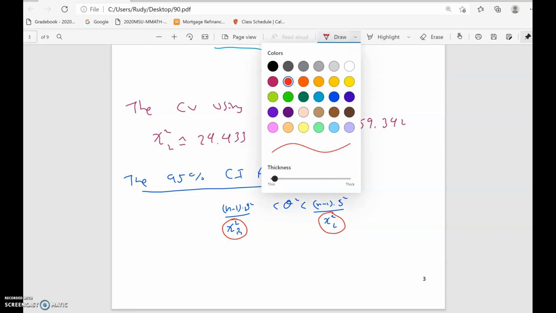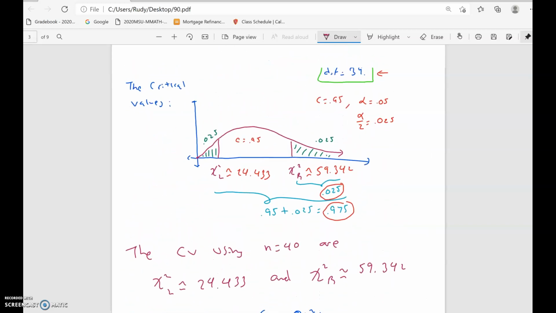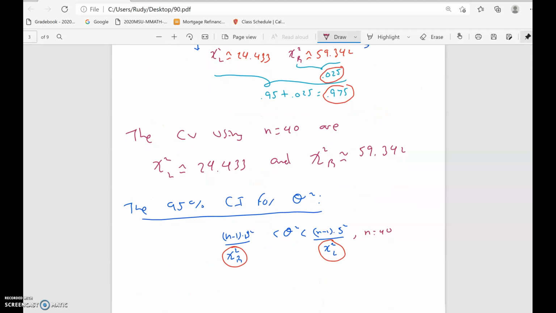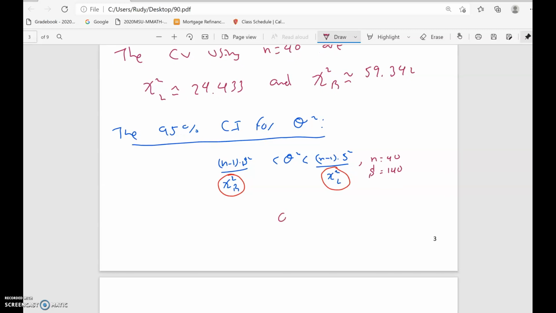And then also we're going to be using the values of n equal to 40. We still use n minus 1 in the formula, and then s is 140. So s is equal to 140, given in the problem. So we're going to be evaluating on the calculator the following.